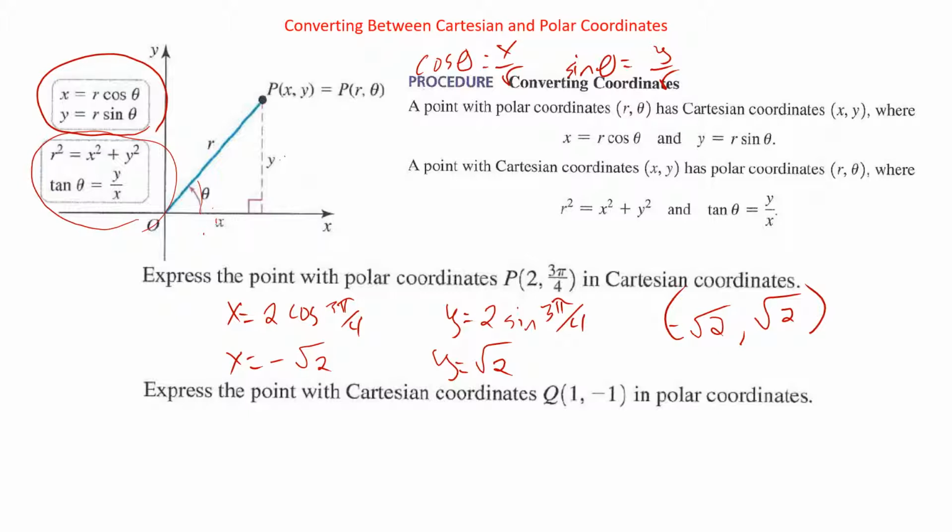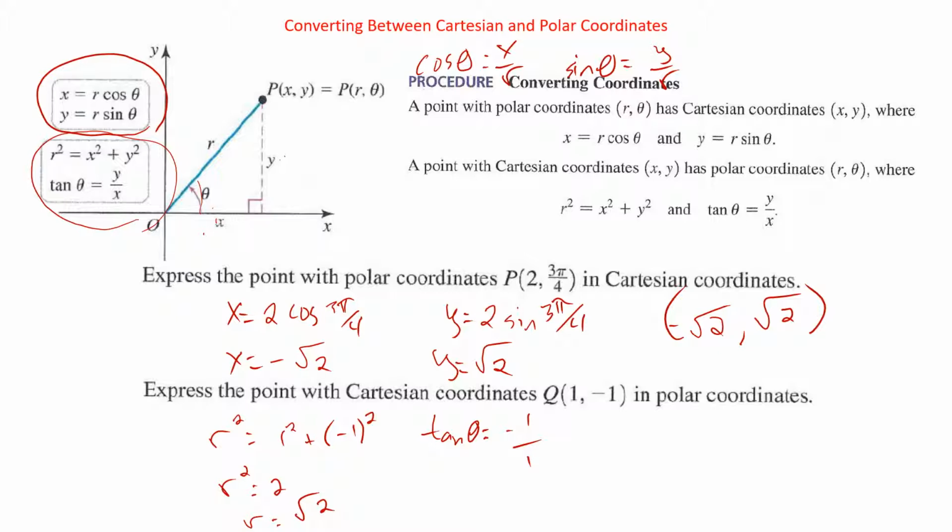Going backwards, we have 1, negative 1, so r squared will equal 1 squared plus negative 1 squared. So 1 plus 1, so r squared equals 2. So r will equal root 2. And then tangent of theta equals negative 1 over 1, so it equals negative 1.